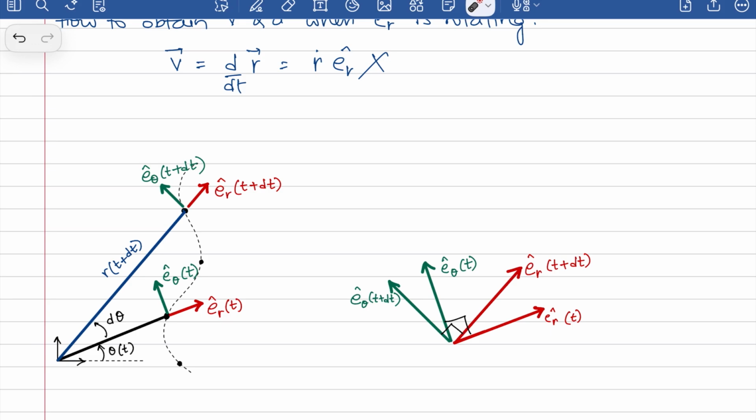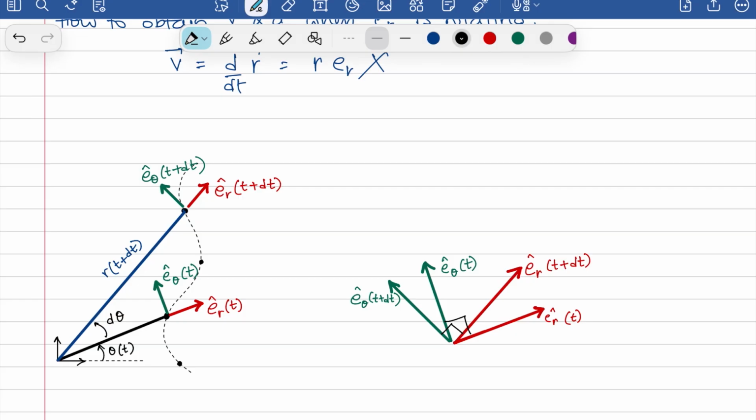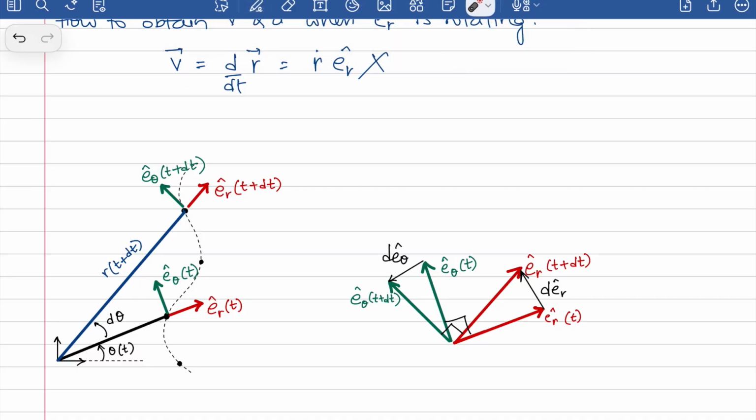Once you have this, you can look at the difference that is actually occurring. Here, this is a difference in the e_r hat vector, and this is a difference in the e_theta hat vector. So this is the infinitesimally small change happening in the e_r hat vector over time dt, and there's an infinitesimally small change in the e_theta hat vector over time dt.